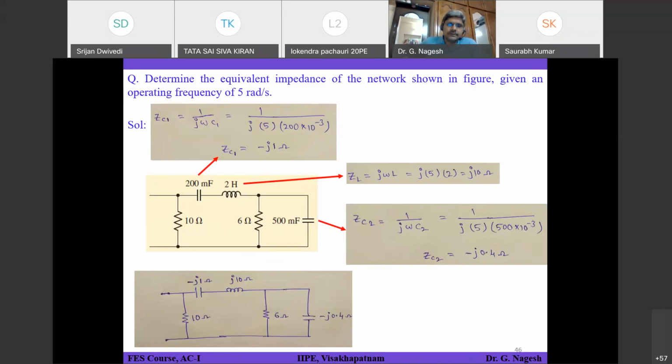Now which two elements are in parallel? How do we proceed to find the Z equivalent from the left hand side? Between these two terminals I want to find the Z equivalent.